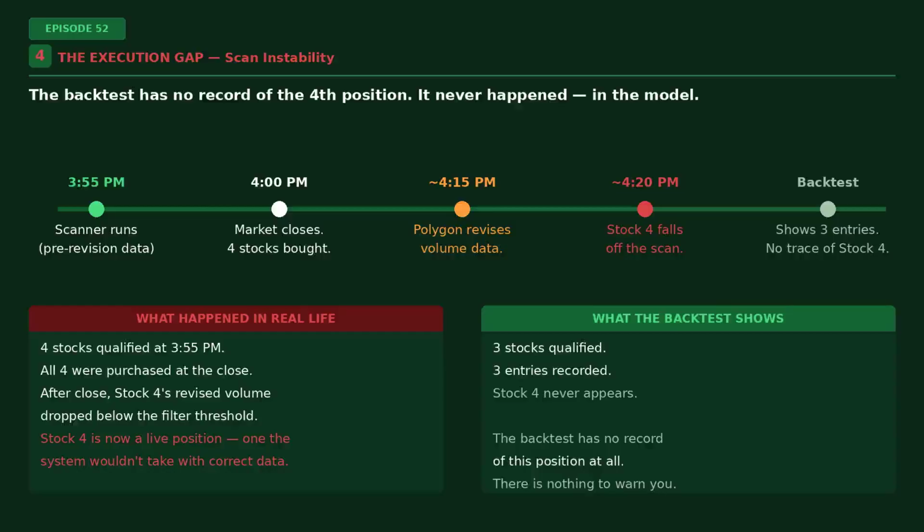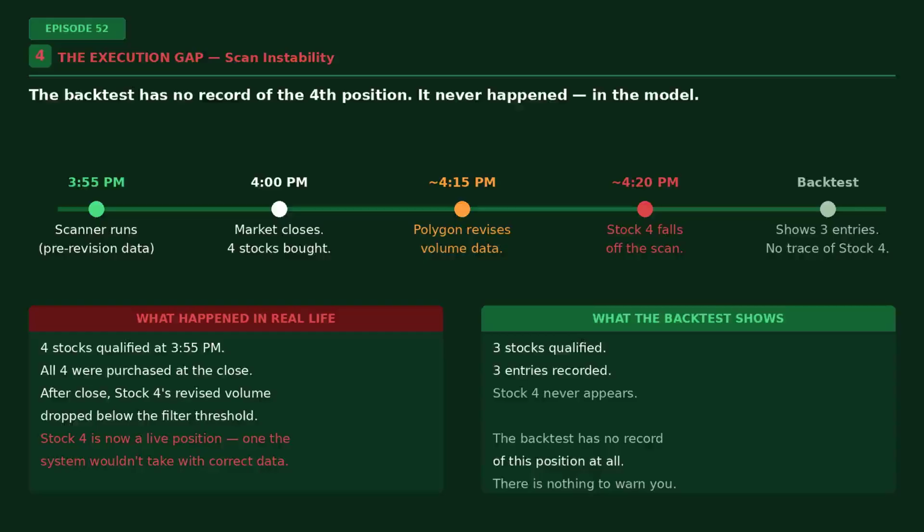The more damaging version of the execution gap isn't the fill price, it's scan integrity. This is what I described at the start. You run your scanner at 3:55 p.m. 4 stocks qualify. You buy all 4 at the close. After the bell, volume data updates. One of those 4 stocks falls off your scan. The revised numbers put it just below your filter threshold.